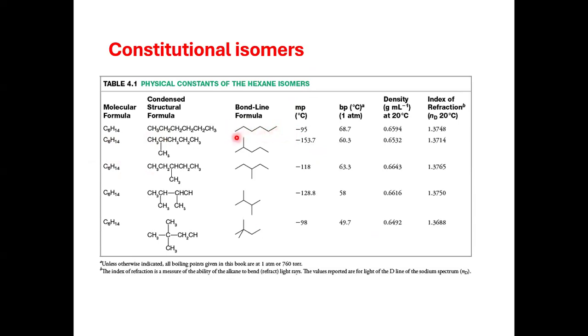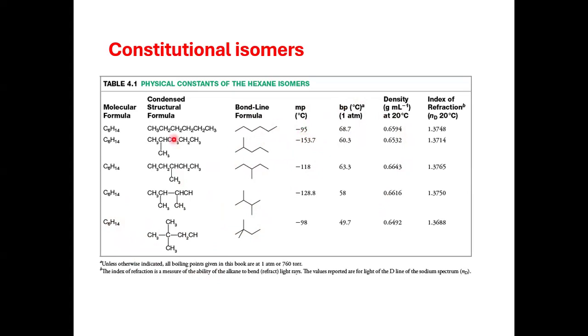You can have this, but you can also do branching on the second carbon, the third carbon, or on the second and third carbon. The total number of carbons is still 6 and the total number of hydrogens is still 14. Even with the same molecular formula, they are different compounds, and their physical properties will also be altered.